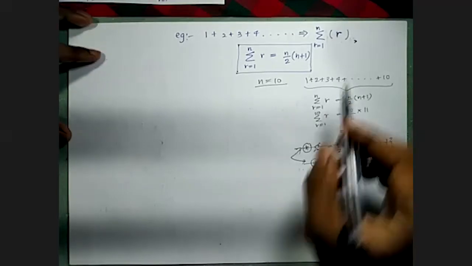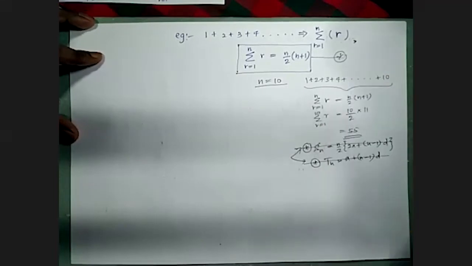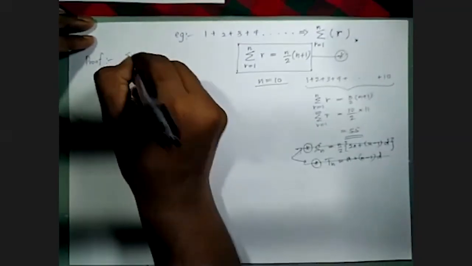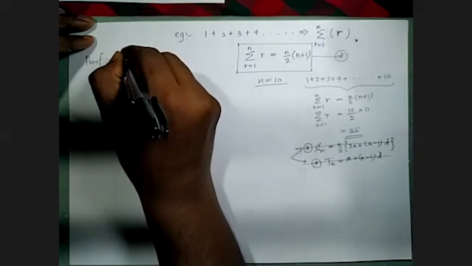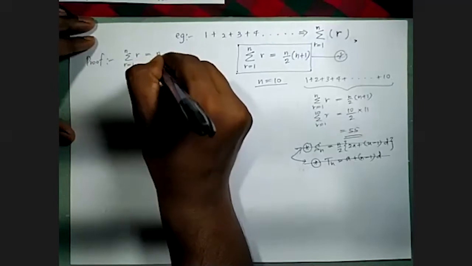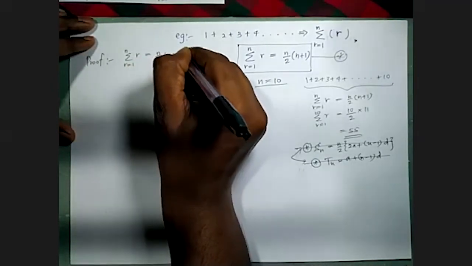Okay, now this is a theorem. Now I'm going to prove this theorem. Proof is important. Proof of the first theorem: sigma r equals 1 to n of r is equivalent to n by 2, n plus 1.